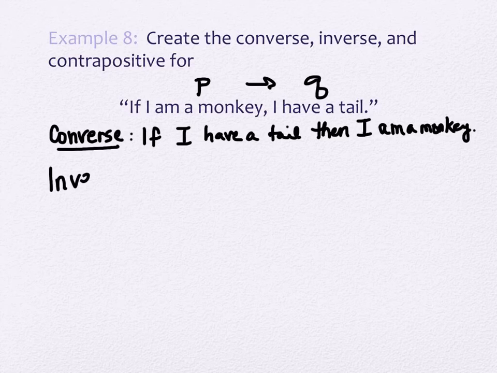Next one, inverse. What does an inverse do? It negates both statements, but it keeps it in the same order. So it will start out with what?